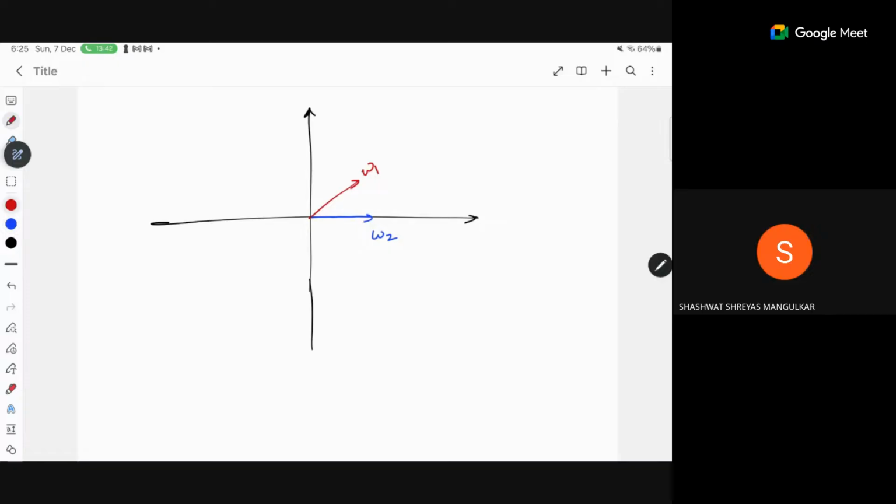For W1, which is the separating hyperplane, what is the equation of this line or hyperplane? It is W1 transpose X equal to 0. For W2, this is the hyperplane, and the equation of this is W2 transpose X equal to 0. The supporting hyperplane is this one.